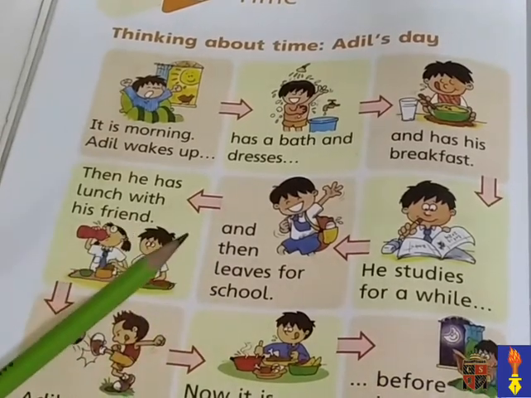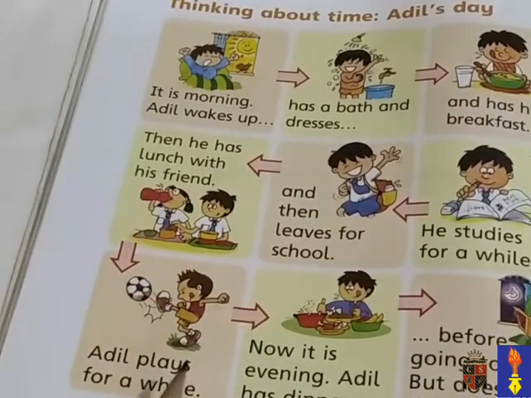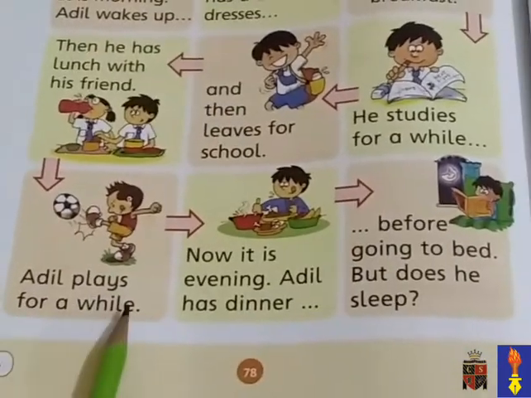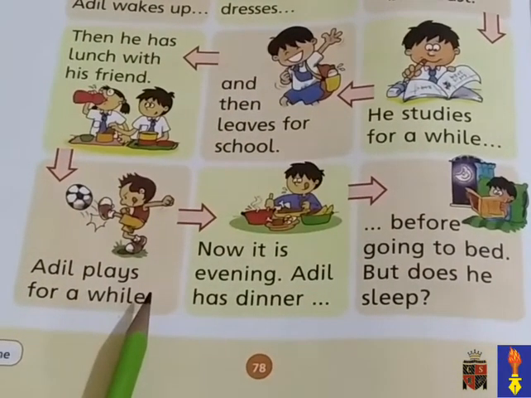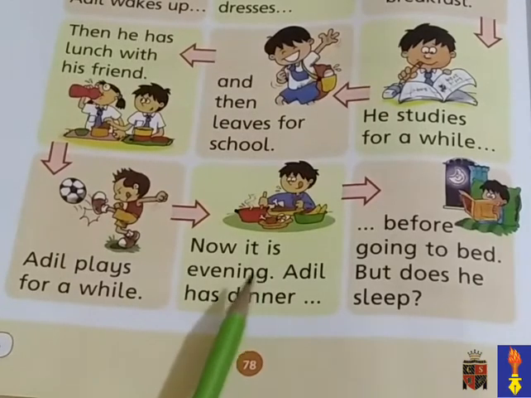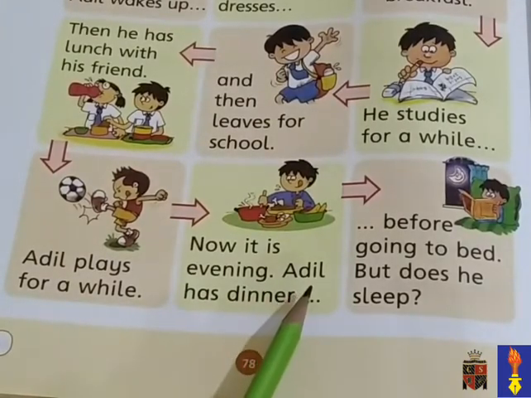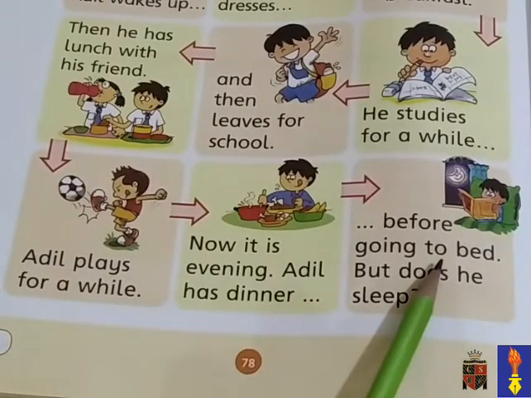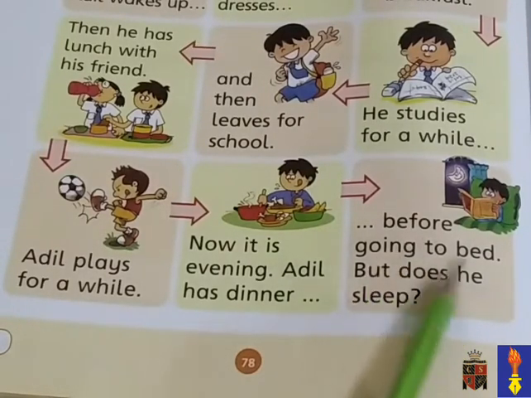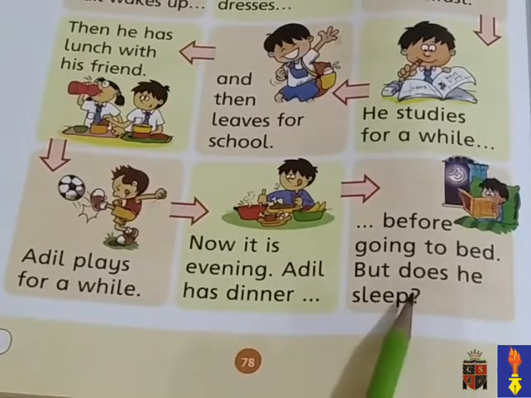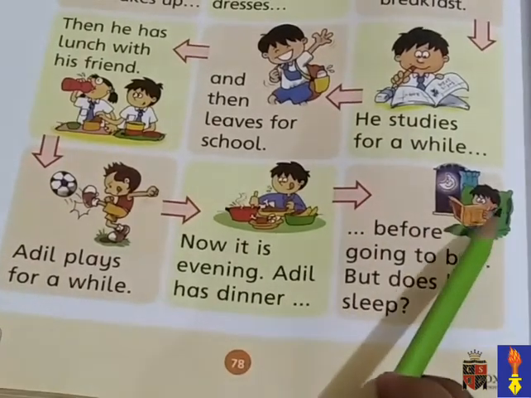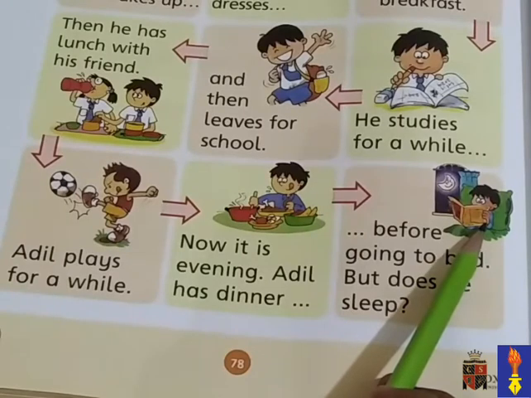So after that, it's evening time when he plays. Adil plays for a while at evening. Now it's evening time when Adil has a dinner, and now it's night time before going to bed. But does he sleep? Before he is sleeping, he reads something, as is shown in this picture.